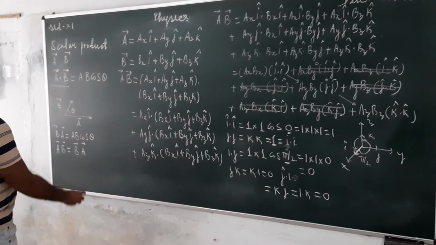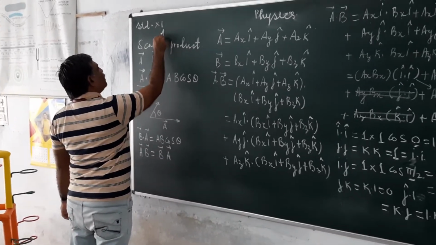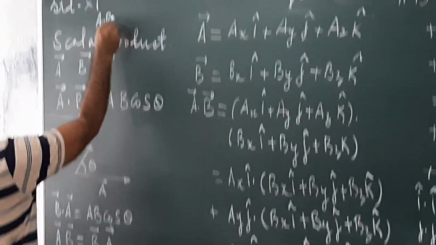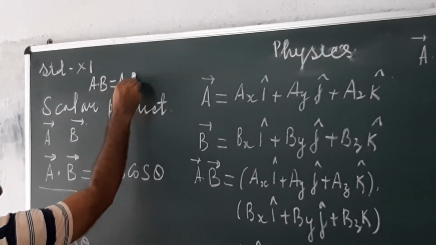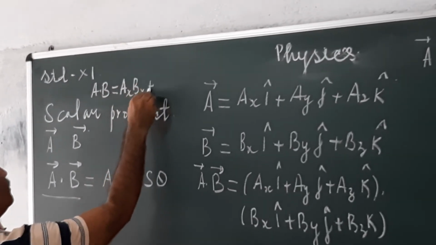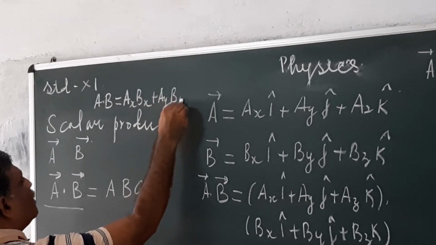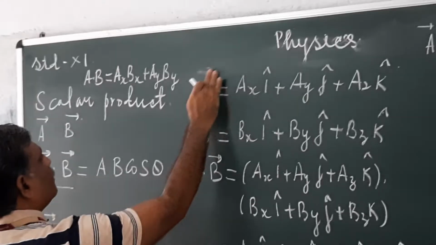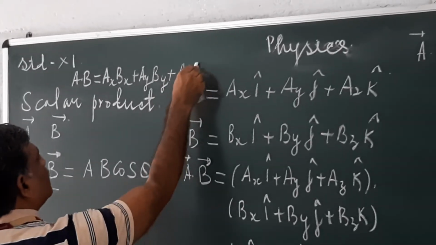Therefore, we get A dot B is equal to AX BX plus AY BY plus AZ BZ.